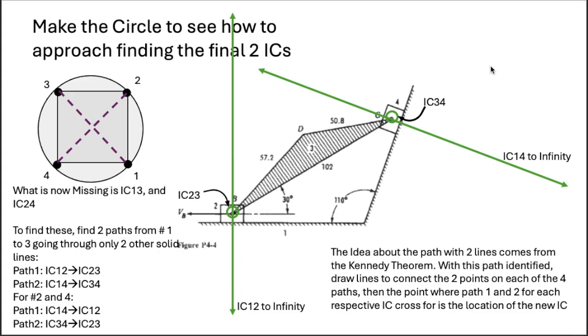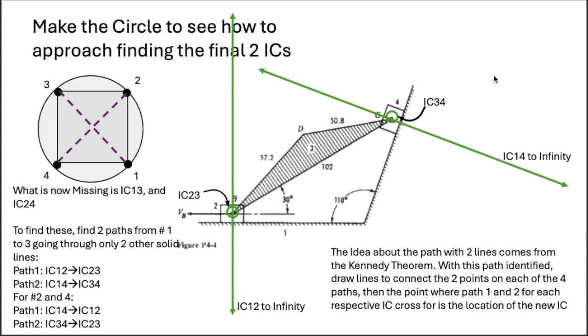Because we said it lies on a line with 2 other instance centers, so that's the line it's going to lie on. So where exactly on that line? Now we have to draw the other line between instance centers 4, 1 and 1, 2. And it'll lie on that line as well.